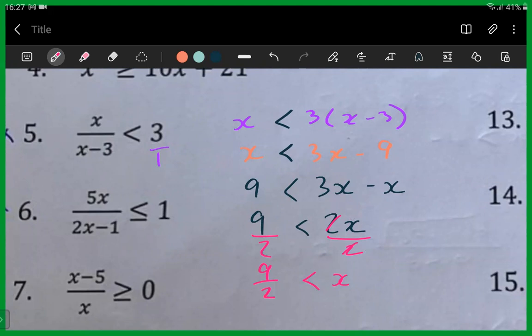So with this being said, when you said you were not sure how to have the final answer, what did you mean? Like I have x is smaller than 3 and x is bigger than 9 over 2.